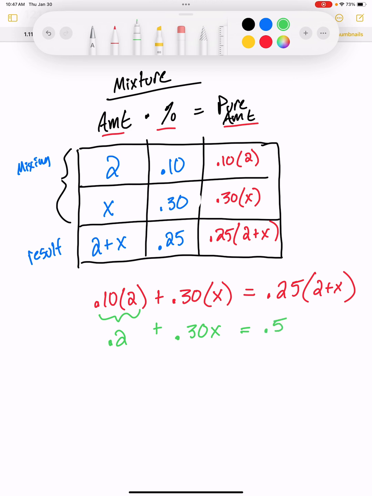Quick math. Plus 0.25x. So we just distribute that. Now we're just getting our x's together. So minus 0.25x minus 0.25x.